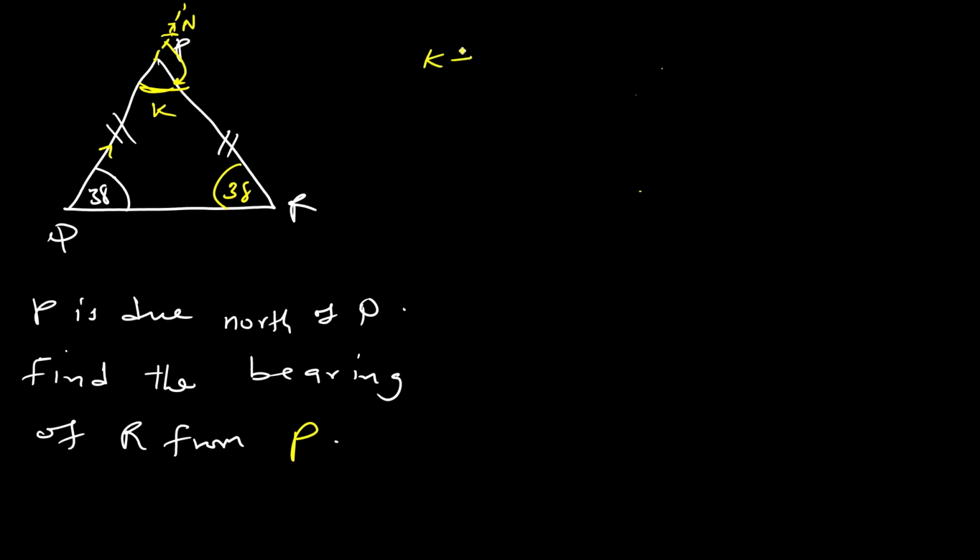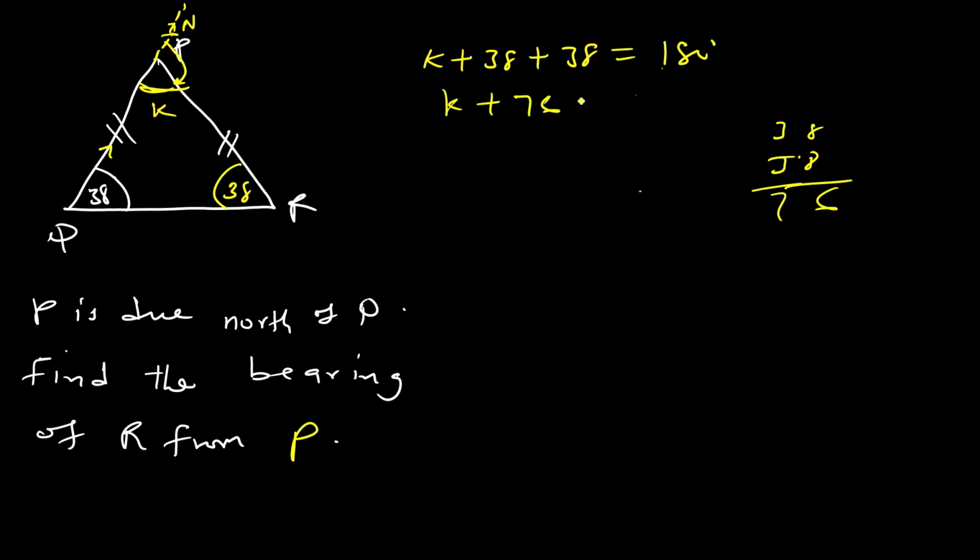So K plus 38 plus 38 gives us 180 degrees. So 38 plus 38 is 76. So we have K plus 76 equals 180 degrees.